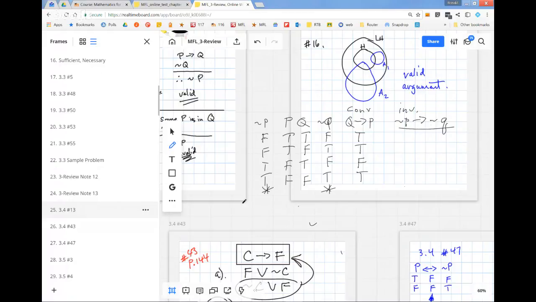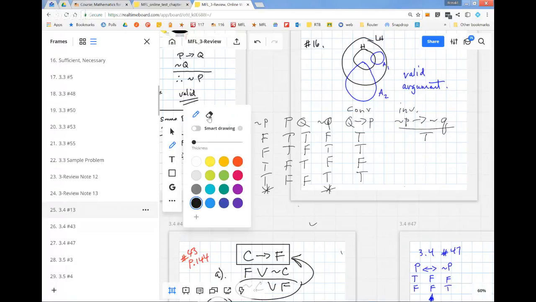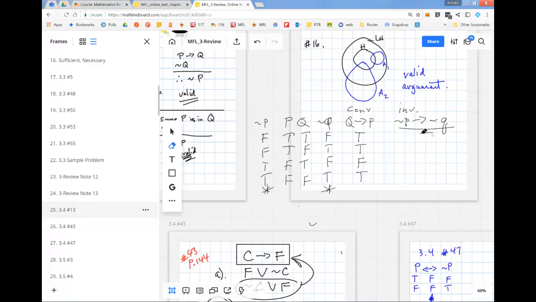If not P, then not Q. If true, then true. That's true, right? Why did I go upside down? Hang on, let's do it on the top.